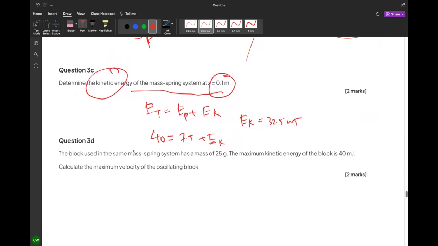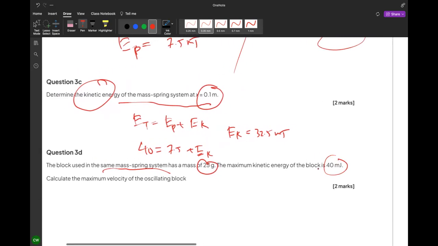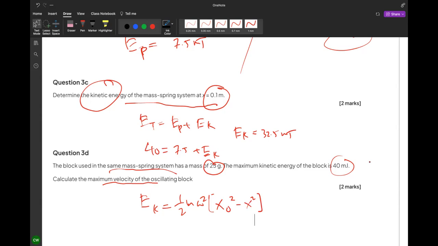The block uses the same spring system, with mass 25 gram. The maximum energy of the block is 40. Calculate the maximum velocity. Can you try? EK equals half m omega squared, s naught squared minus s squared.